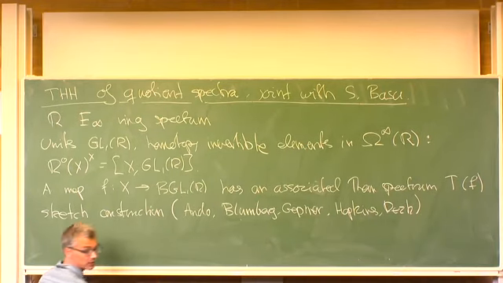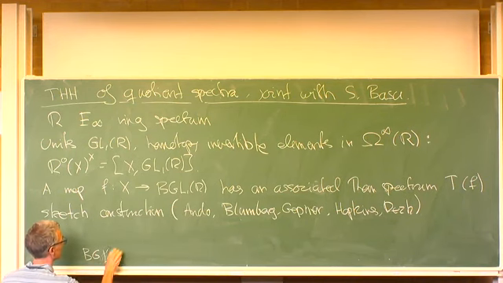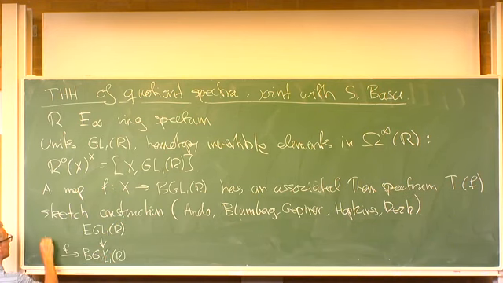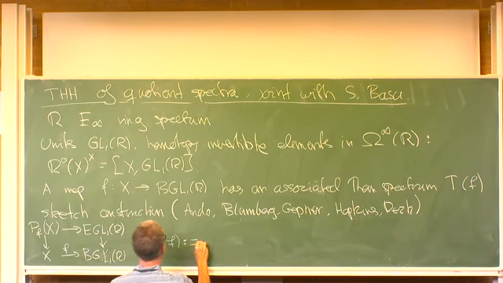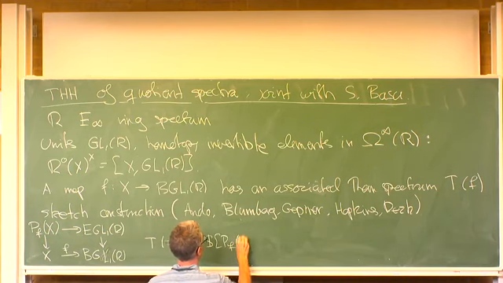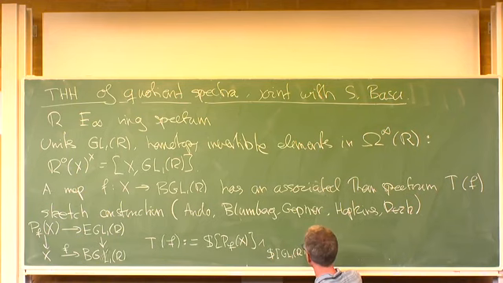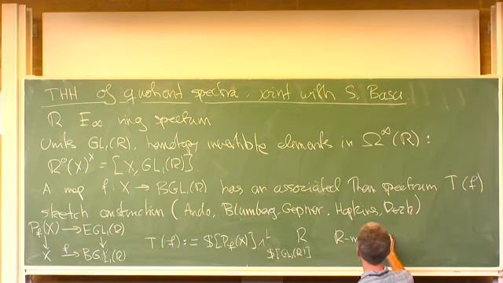We think of GL1 of R as a kind of group-like monoid, so it has a classifying space BGL1 of R, and it has a universal principal bundle over it, EGL1 of R. Then we can pull back this universal principal bundle to a principal GL1 of R bundle over X. Then we define this Thom spectrum to be the smash product over the spherical group ring of GL1 of R, which acts on R in a natural way, and we take the derived smash product. So this is by definition an R-module spectrum.